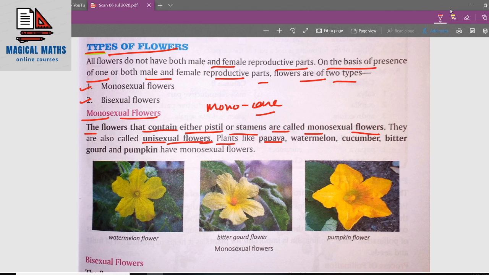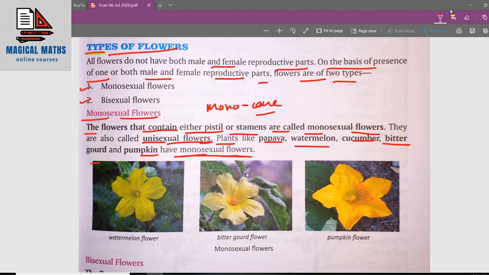Plants like papaya, watermelon, cucumber, bitter gourd, and pumpkin are some examples of monosexual flowers. Students, you must remember the examples also, because examples can be asked in the questions.